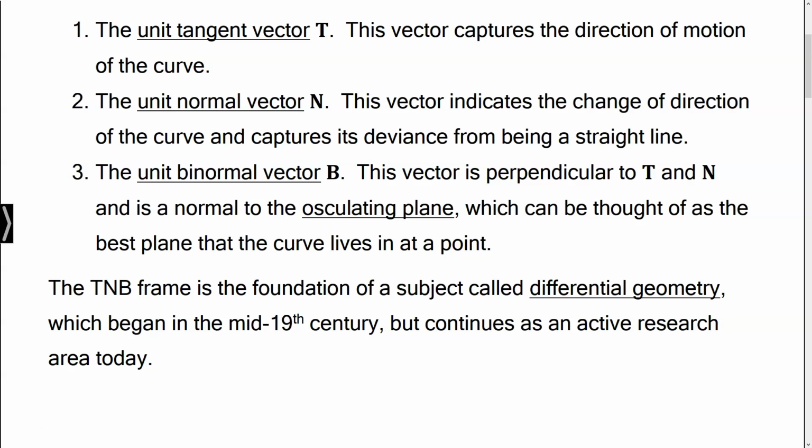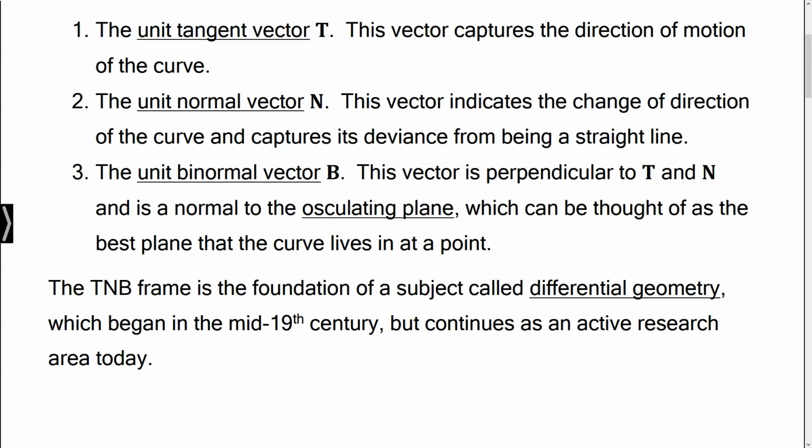Now the unit normal vector is defined as the normalized derivative of the unit tangent vector. It's very important to understand that that's not saying it's the normalized second derivative. So it's not the acceleration vector. The acceleration vector is something different: you take the second derivative and then you could normalize that.